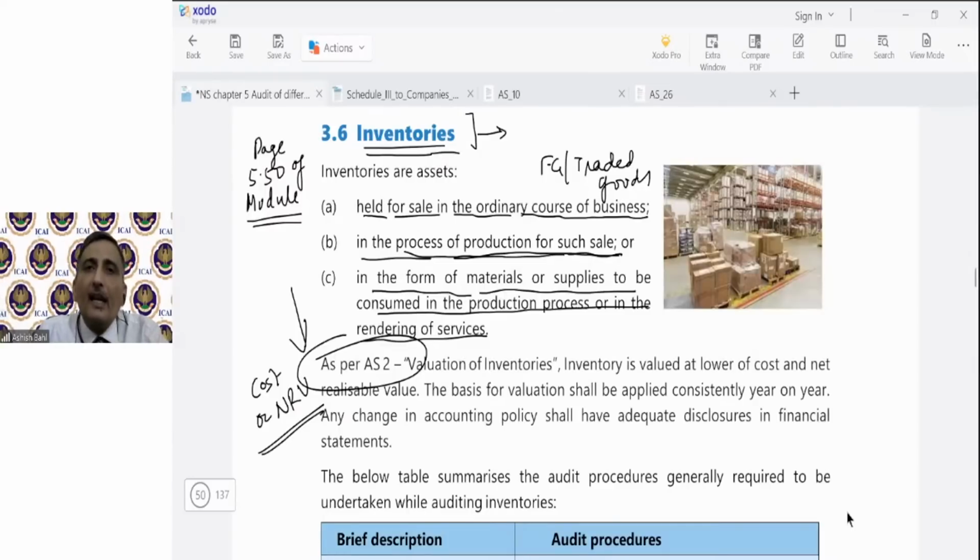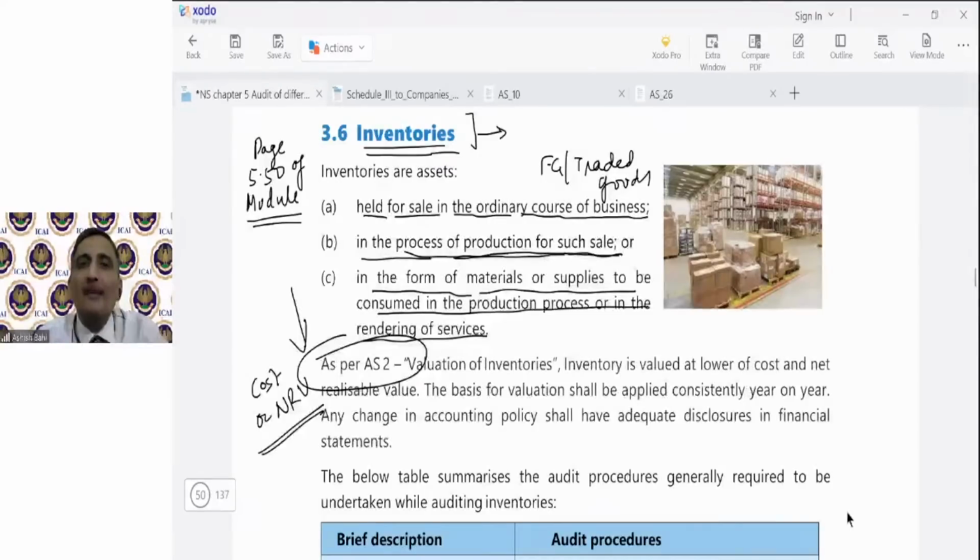So ordinarily, net realizable value or market price is higher than the cost of the product. That is why inventories are valued at cost or net realizable value, whichever is lower, to exclude any profit element being computed in the valuation of inventories.